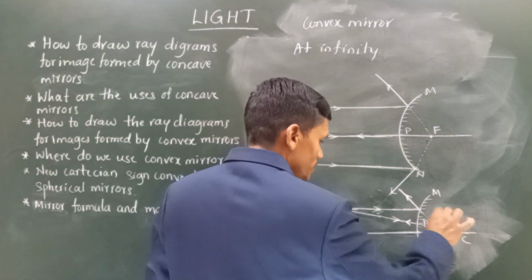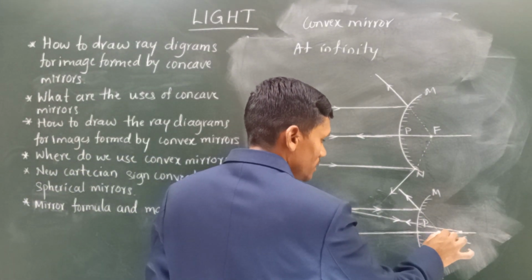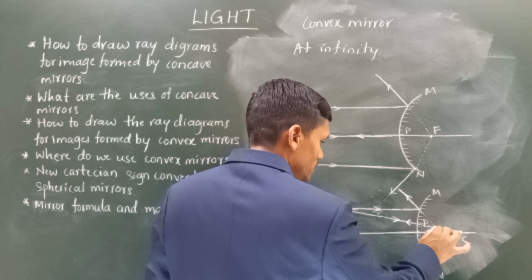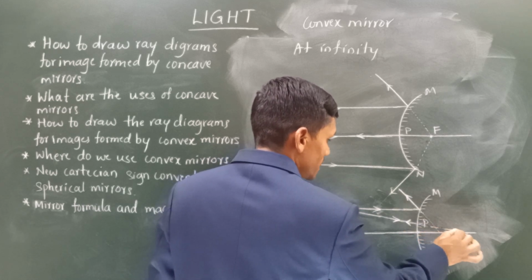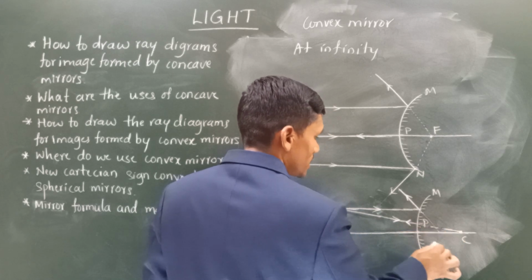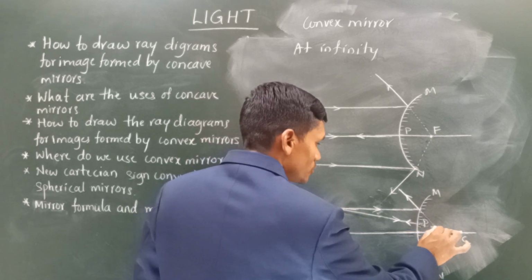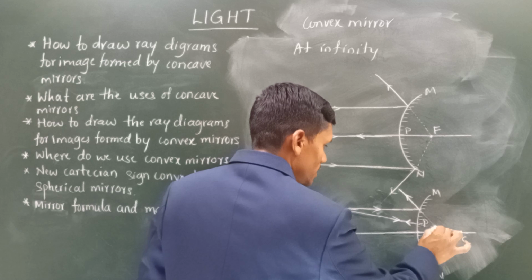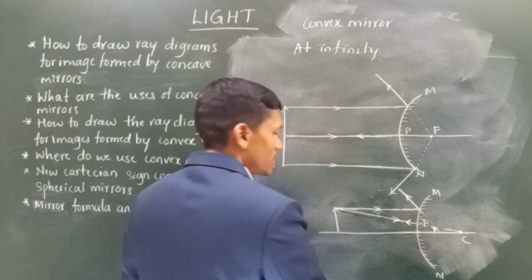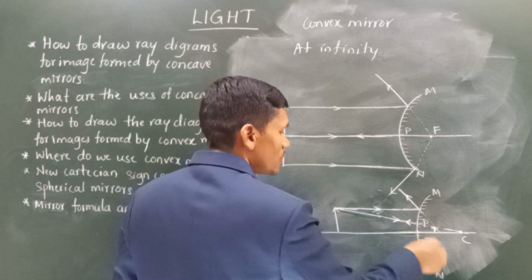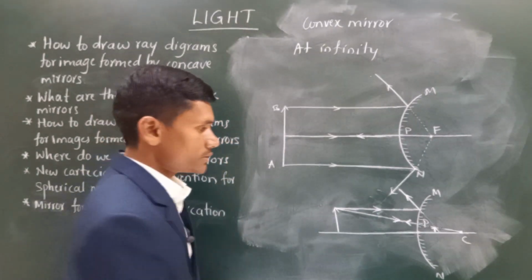The position where these two rays intersect each other, with the dotted lines, at this position we get the image. Now the image is virtual and erect.